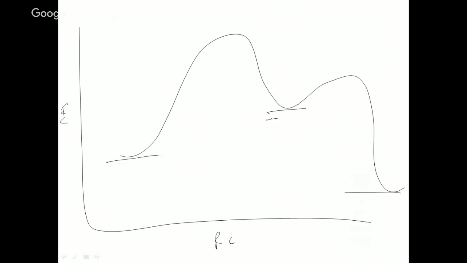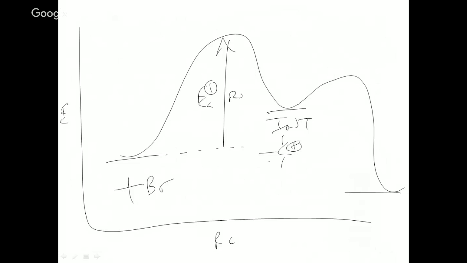Okay. Essentially, here's our intermediate, right? Carbocation, whatever the case is. Tert-butyl carbocation. High energy first step means rate determining. That's the rate determining step. Transition state 1 is just the carbon-bromine bond partially broken.